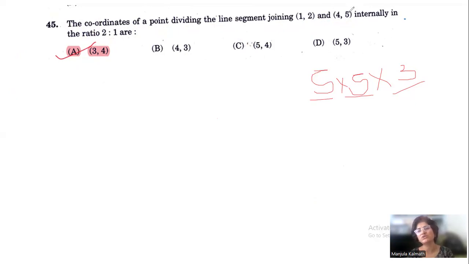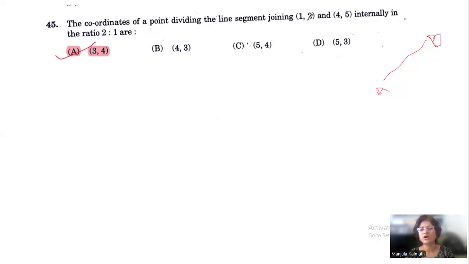The initial point as well as the final point will be given. I'll take a line, and on the line the initial position is given, 1, 2 and 4, 5. I consider this as A and this as B, the initial point as well as the final point.